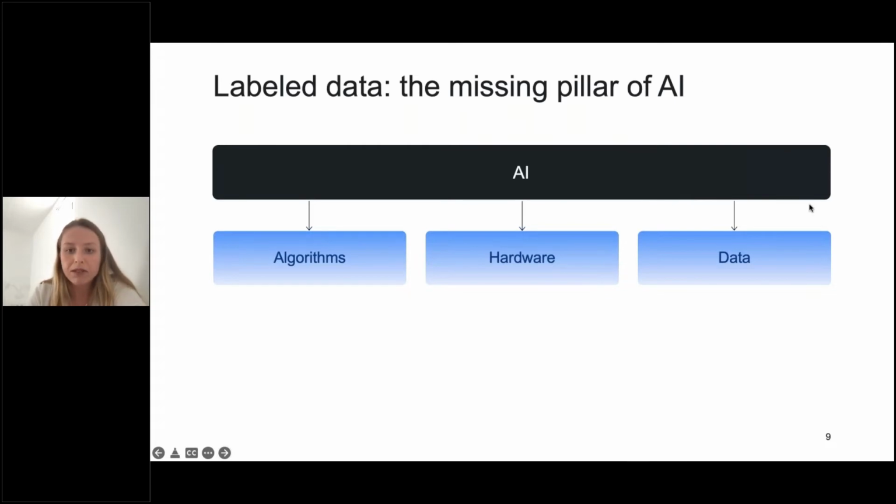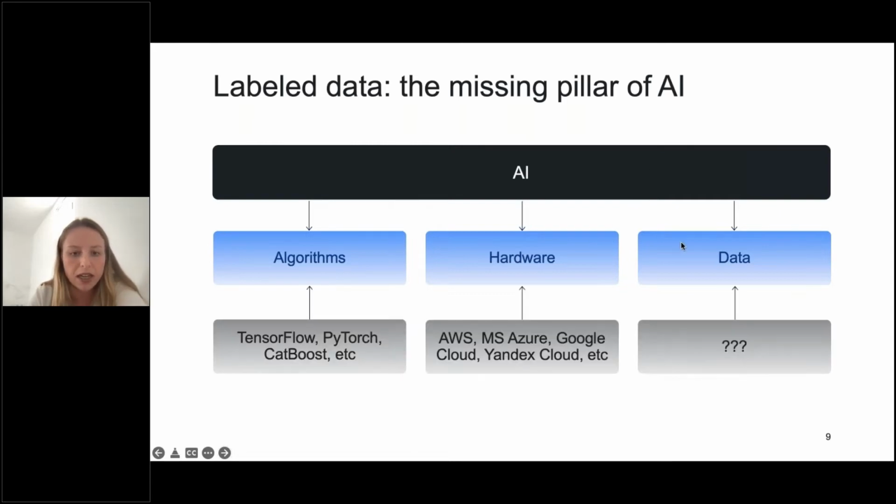Another problem with data can be connected to the fact that modern AI products are built on three pillars, and those are algorithms, hardware, and data. The first two already have pretty good solutions that have been proposed, and they've been explored quite a lot in the last decade.